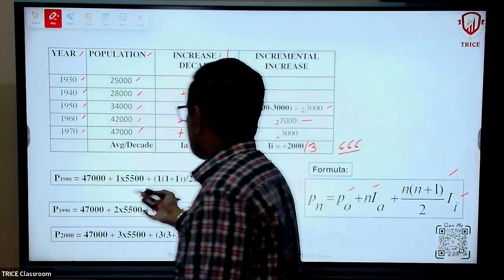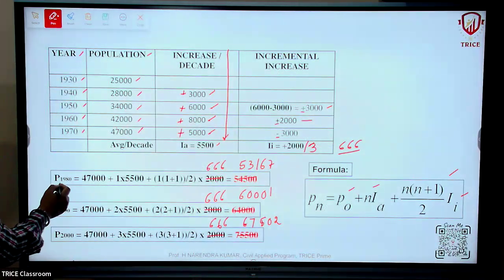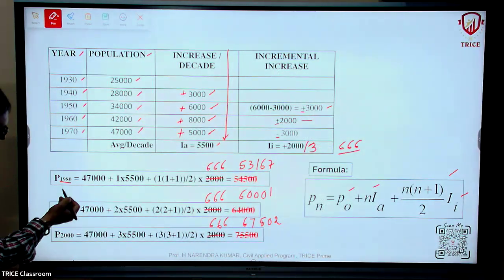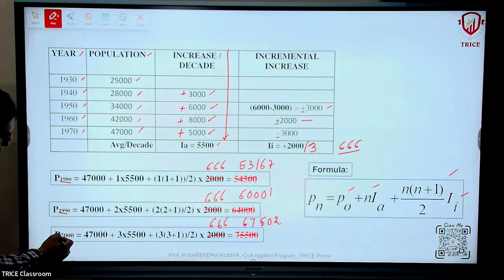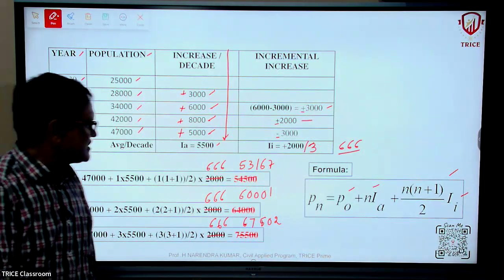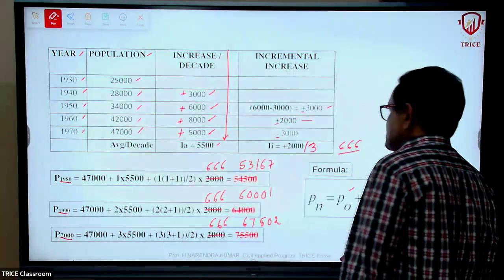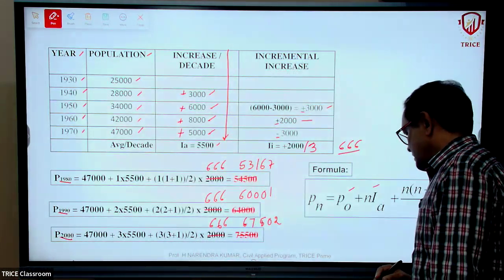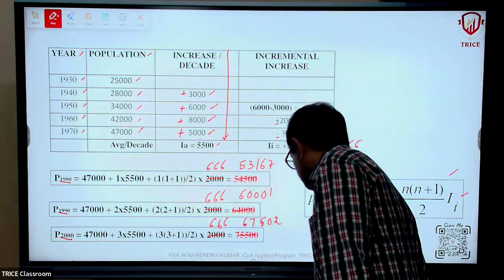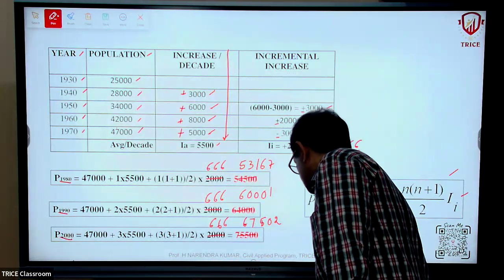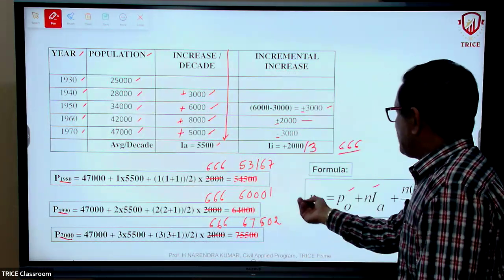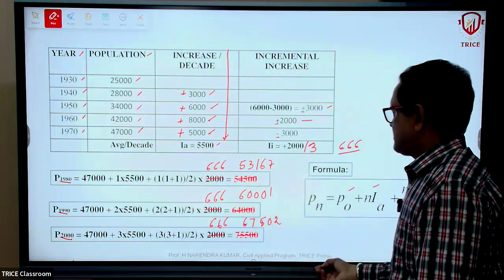If you calculate for successive decades, 1980 after 1970, 1990 and 2000, you'll get the answers 53,167, 60,001 and 67,502. There may be a little bit of variation.